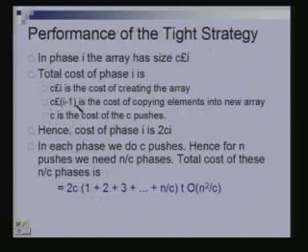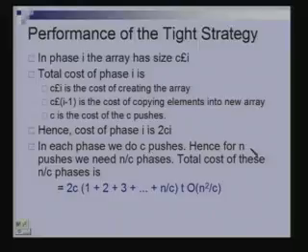So, I copy c into i minus 1 elements, that is the cost of copying the elements into the new array, and then I will do c more pushes in this phase, a total of c more pushes in this phase, before the array gets full. So, c is the total cost of the c regular pushes that we would be doing. And so, the total cost is c into i plus c into i minus 1 plus c, which is 2 times ci. This is the cost of phase i. In each phase I am doing c pushes in all.